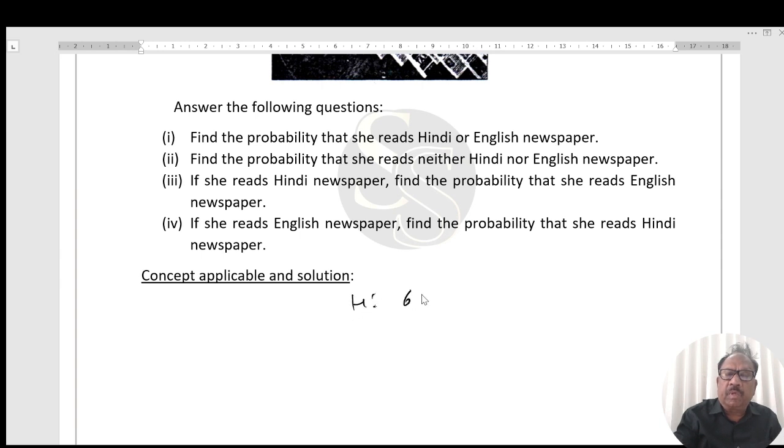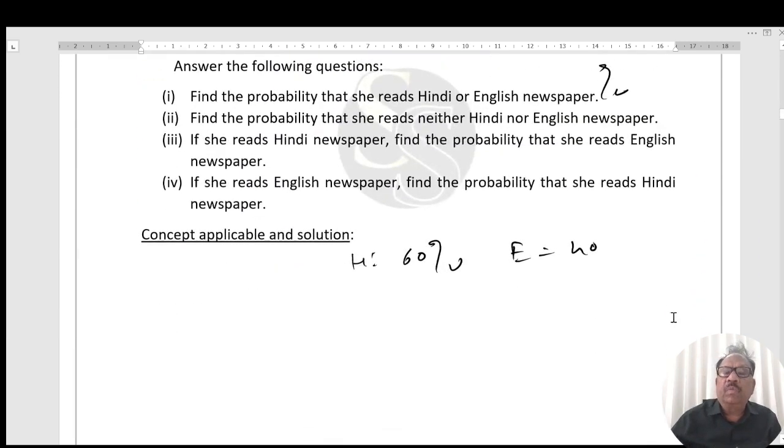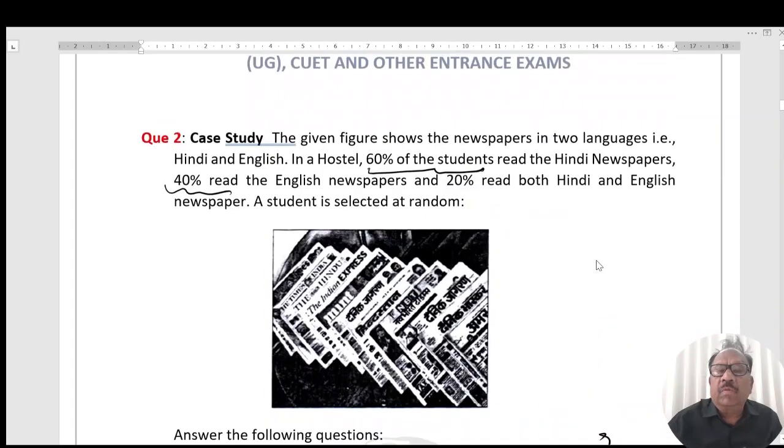Hindi 60%, English 40%, and 20% read both, H intersection E is 20%. This is given.